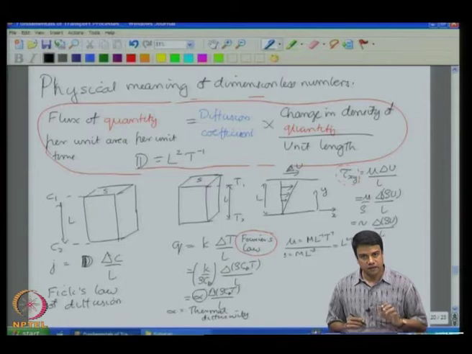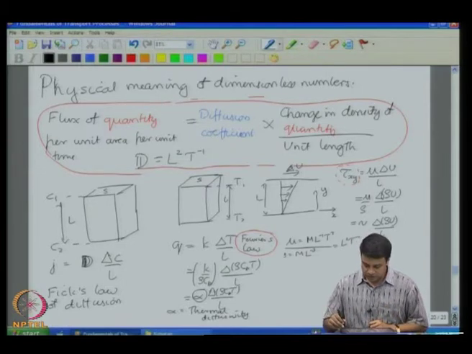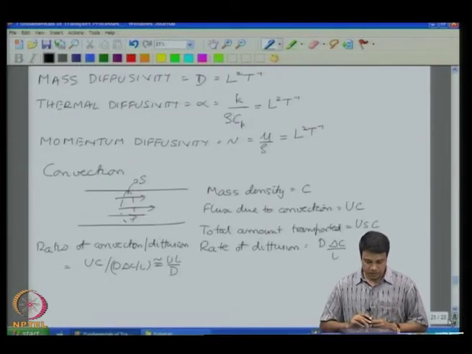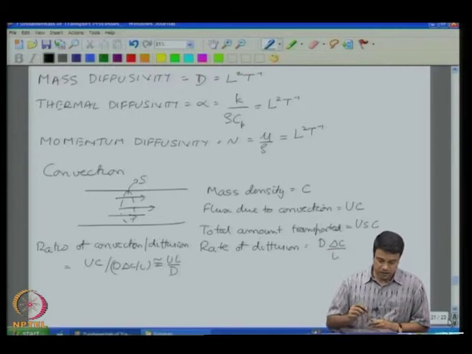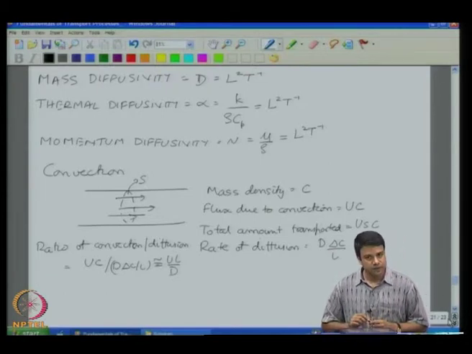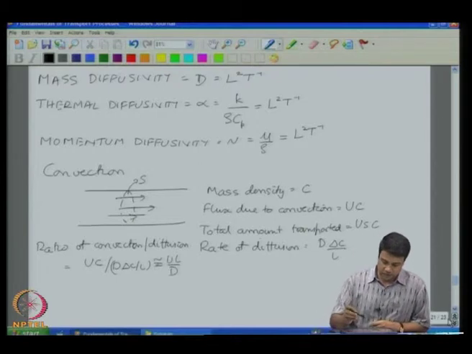This gave us a physical interpretation for what all those dimensionless numbers mean. The mass diffusivity D has dimensions of length squared T inverse, thermal diffusivity alpha, k by rho Cp, has dimensions of length squared T inverse, and momentum diffusivity nu has dimensions of length squared times T inverse.